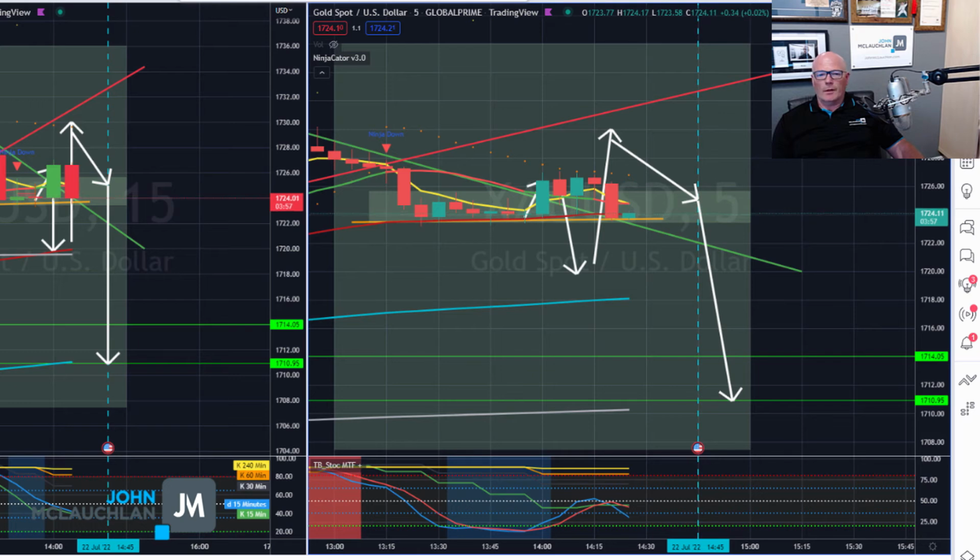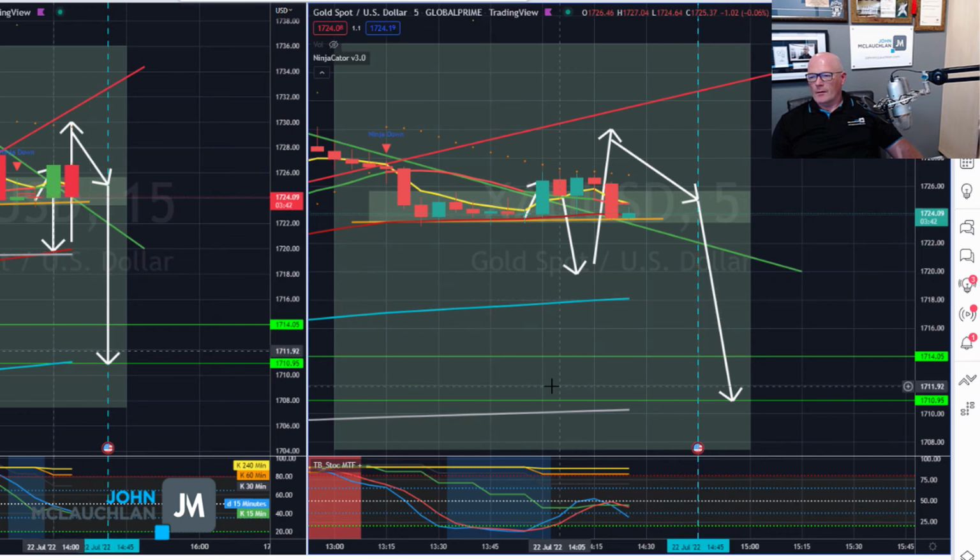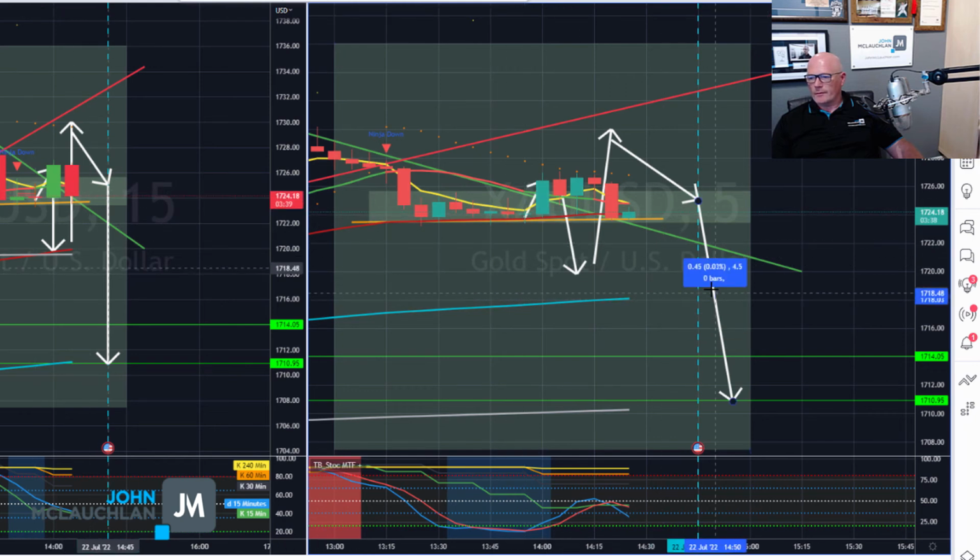What I want to do as well is just take the measure tool, and if price is there when the news kicks in and we go to the downside, we've still got plenty in. What I'm going to do is mark off 10 pips from here. 10 pips from, in fact, let's make it a bit safer.